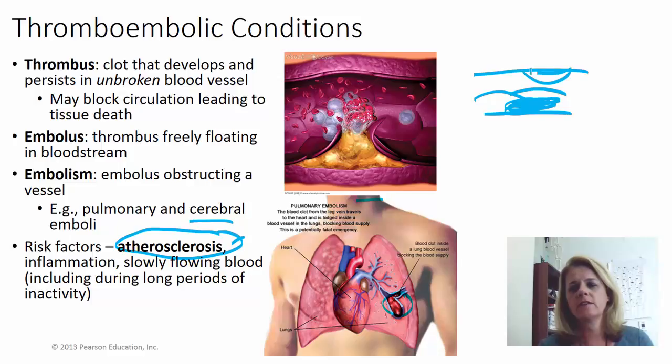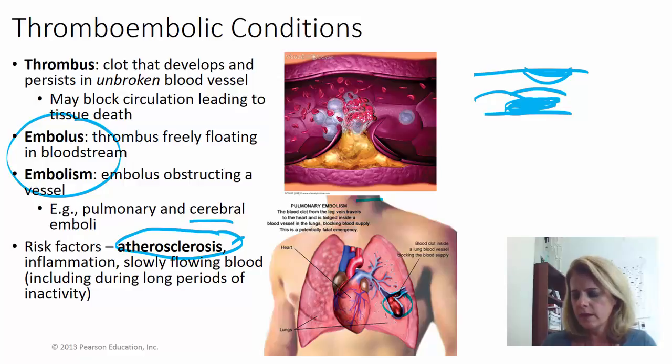With atherosclerosis, you have this non-smooth endothelial layer which allows the formation of a thrombus inside the vessel. So either the thrombus itself can block off and cause ischemia and hypooxygenation to an area, or that thrombus can break free, become an embolus, and then travel somewhere and cause damage by clogging a vessel. So a thrombus and an embolus are just clots inside of a vessel.